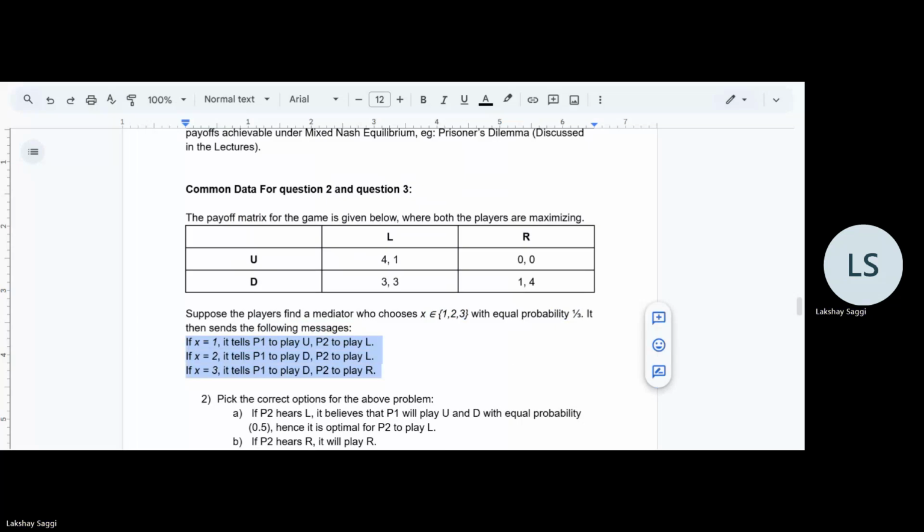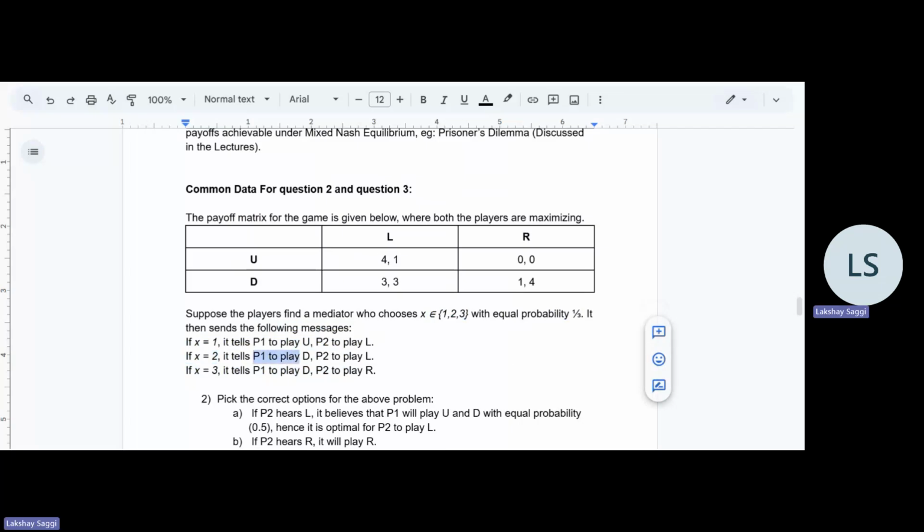But suddenly suppose an adversary comes up and tells player 2 that the output of the experiment, x equal to 2, was actually 2.